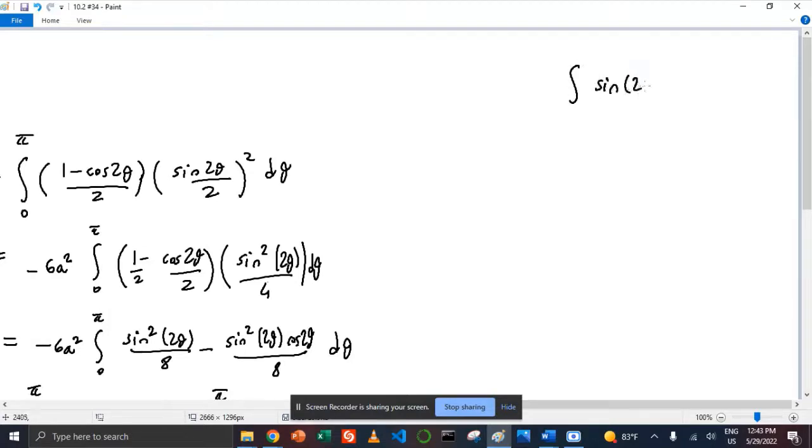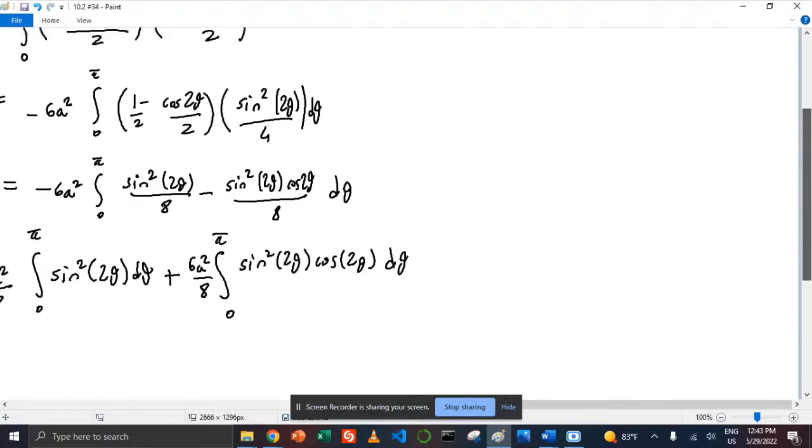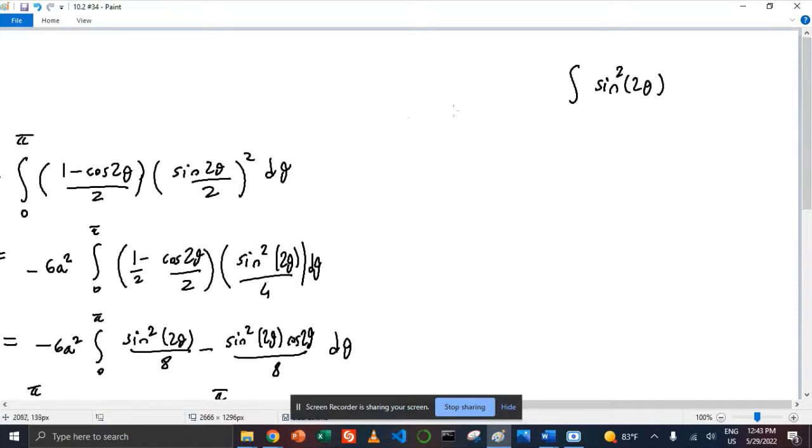Sine squared 2 theta d theta right here. We'll just find the form of the indefinite integral first. So we already talked about, if you recall from the identity, cosine 2 theta is equal to 1 minus 2 sine squared theta.